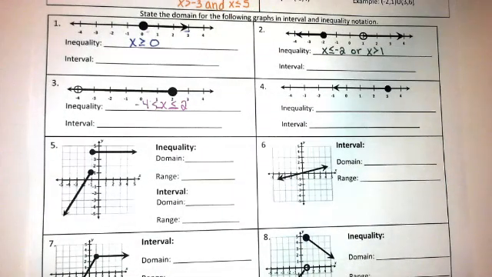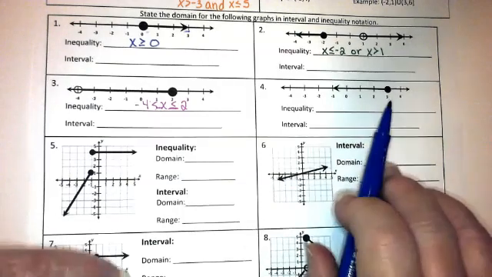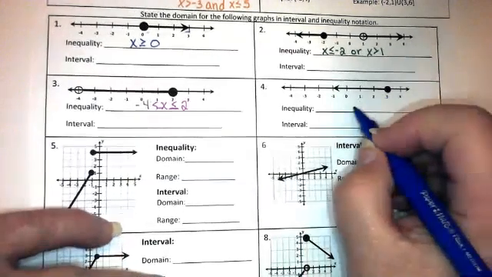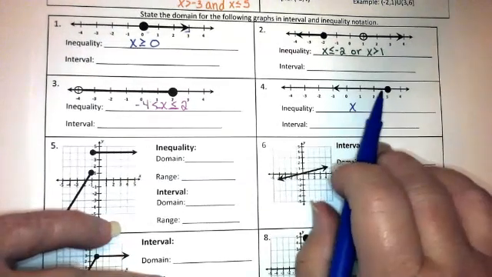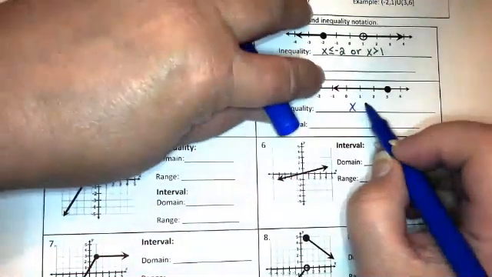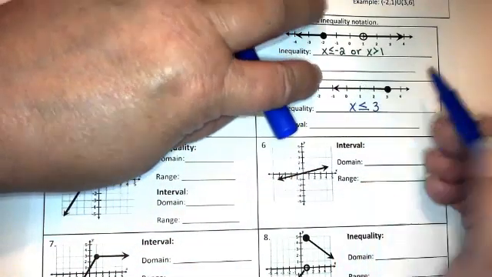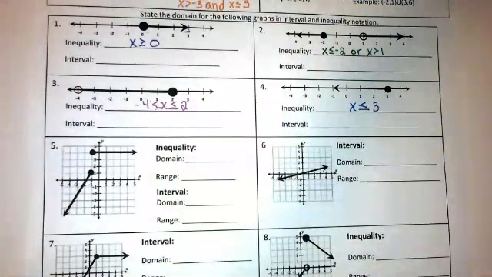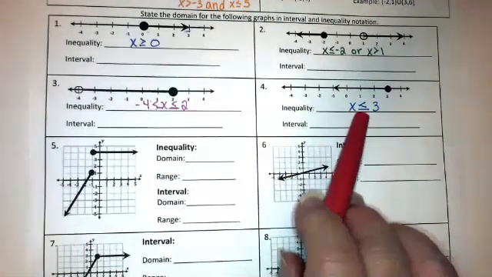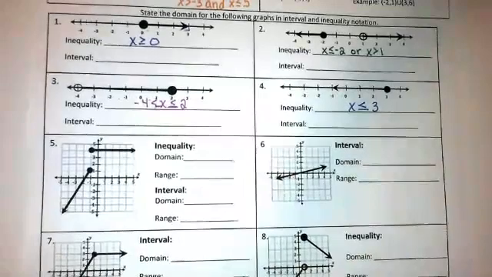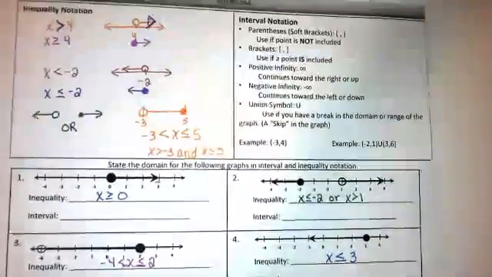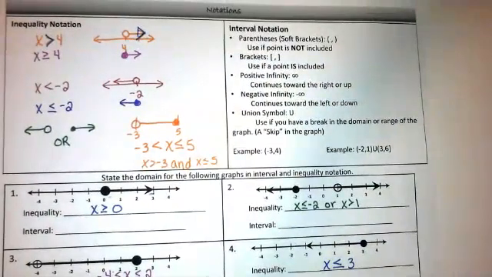Number 4 in inequality, a closed circle on 3, and the arrow points to the left. So I'm going to say x is less than or equal to 3. So as long as you put your variable in the front, your symbol just matches your arrow.